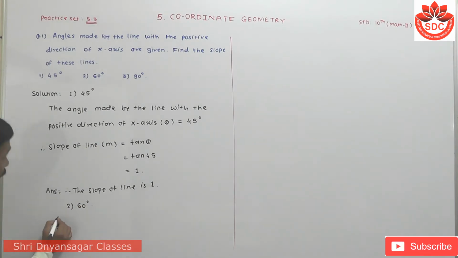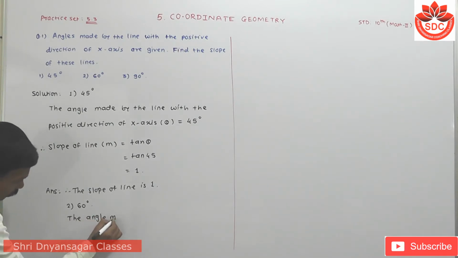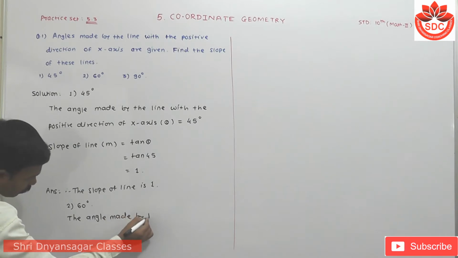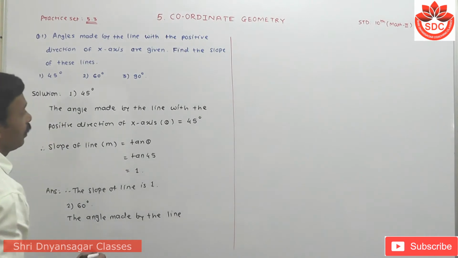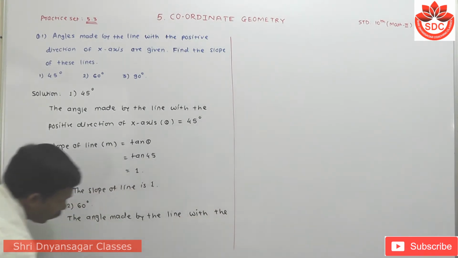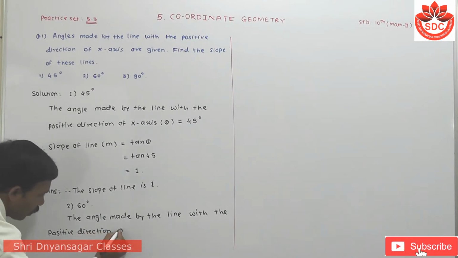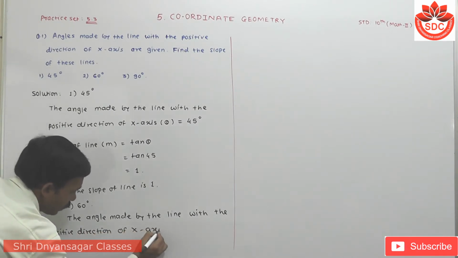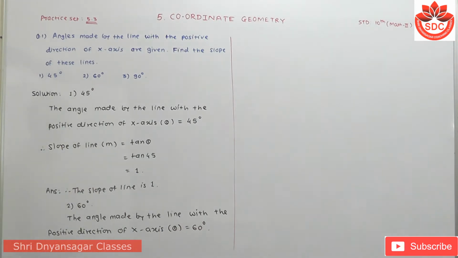Then we take the second one, 60 degrees. We write again: the angle made by the line with the positive direction of the x-axis, theta, equals how much? 60 degrees.